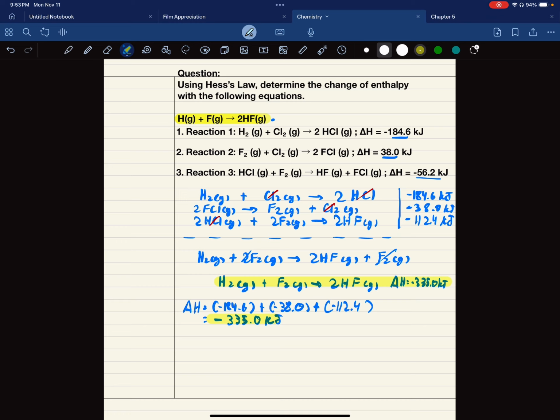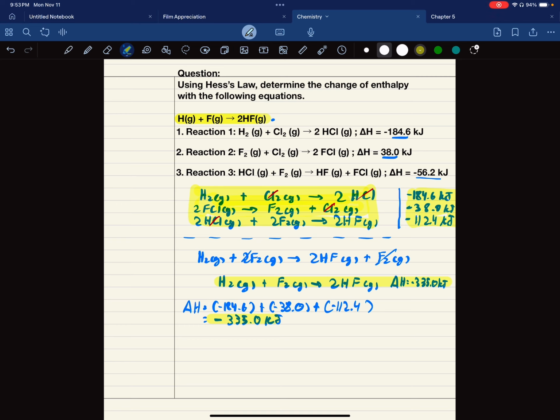As we're manipulating the equations right here, we are also manipulating the delta H's. So in the second reaction, we flipped it over, so we flipped positive 38 to negative 38.